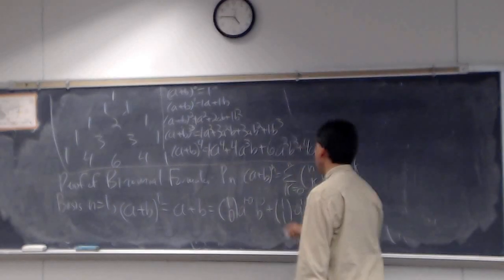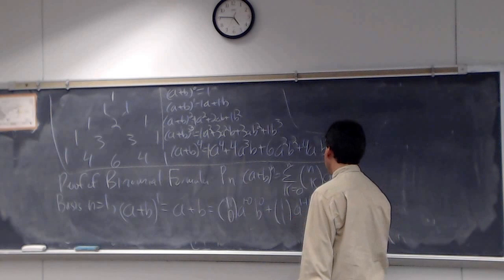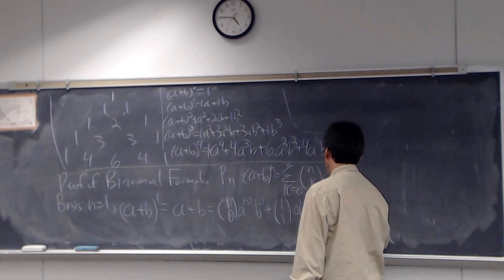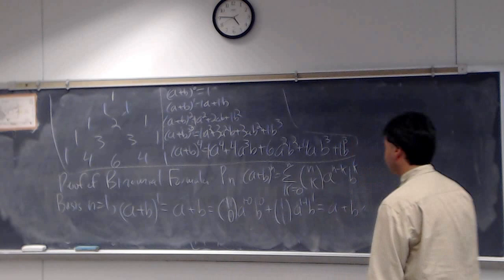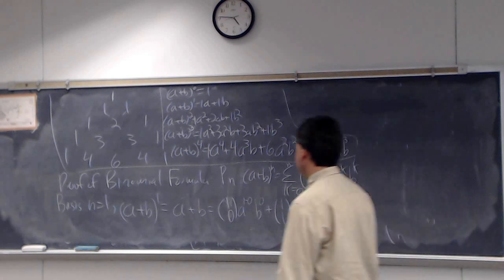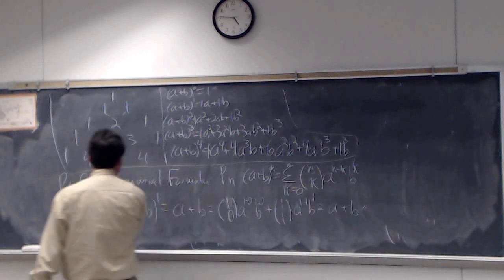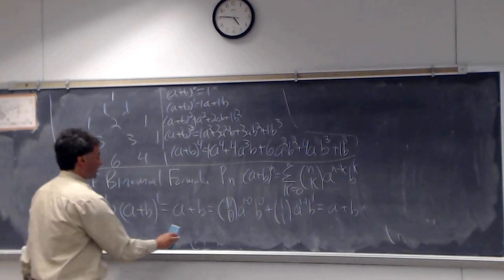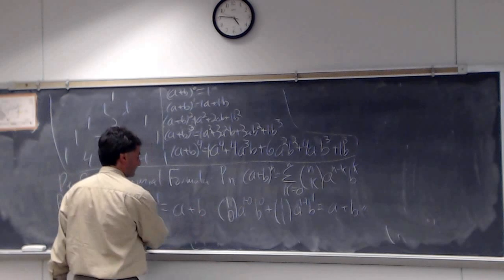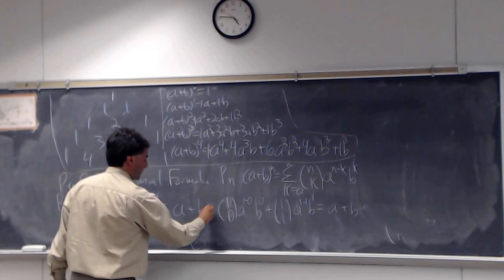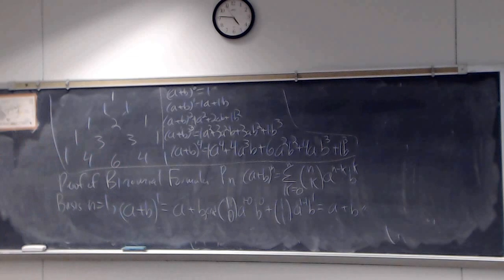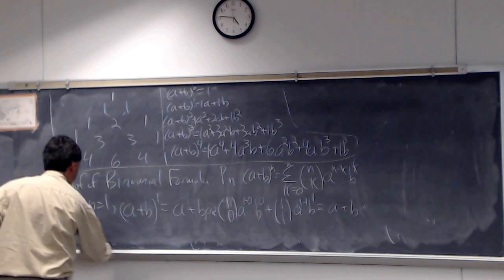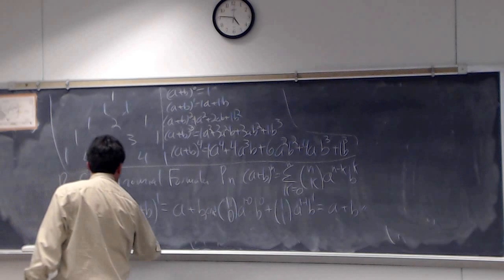And 1 choose 0 and 1 choose 1 are both 1, so that's just a plus b. So I guess in my proof technique, I should probably stop here, because these two are equal once you actually go through the calculation. So P1 is true.